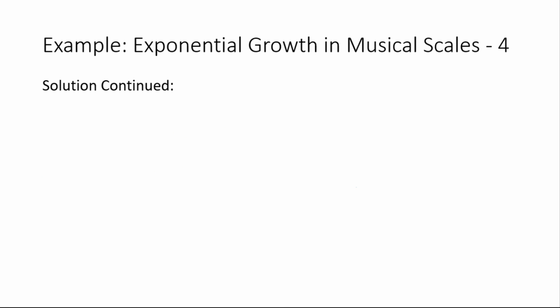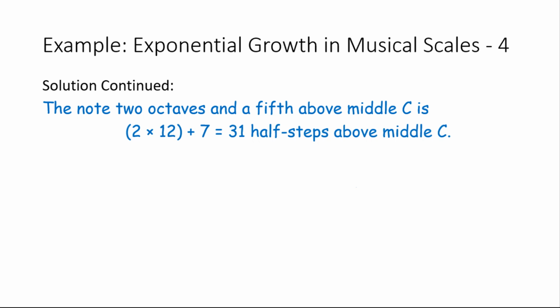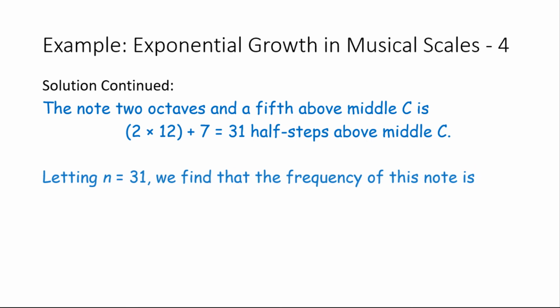And now, the note 2 octaves and a fifth above middle C is, we do 2 times 12. 12 for 1 octave, 2 times 12 for 2 octaves, plus 7, which is for the fifth. So 2 times 12 plus 7 is 31. The note 2 octaves and a fifth above middle C is 31 half steps above middle C. We let n equal 31.